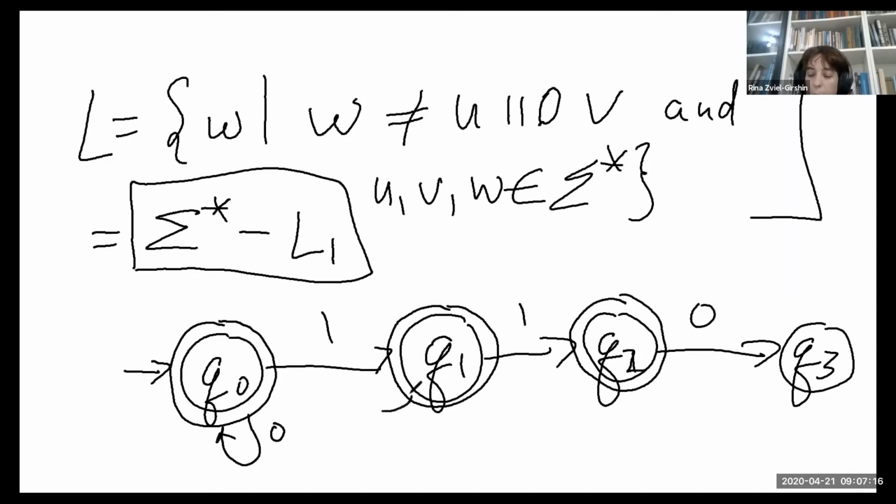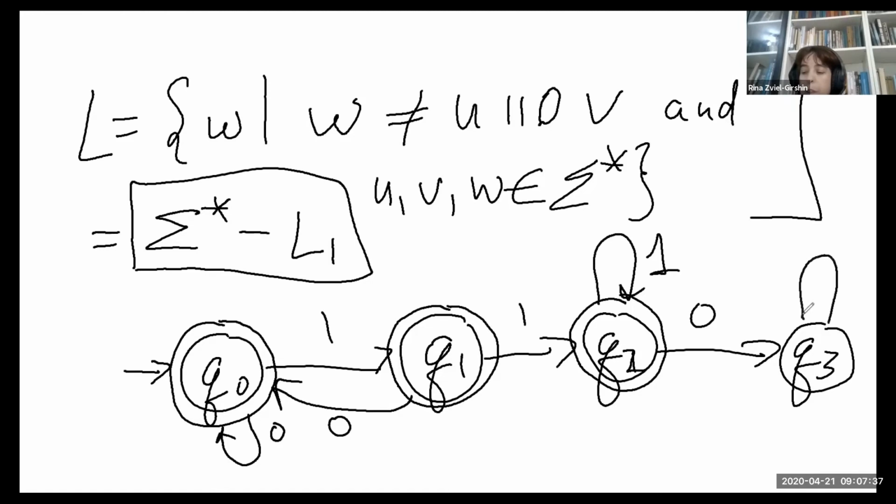In Q1, with 0, we return back because we actually canceled the prefix of substring 110. When we have 1 in Q2, we stay in Q2. And after finding substring 110, when we move to Q3, we should stay here with any input letters.